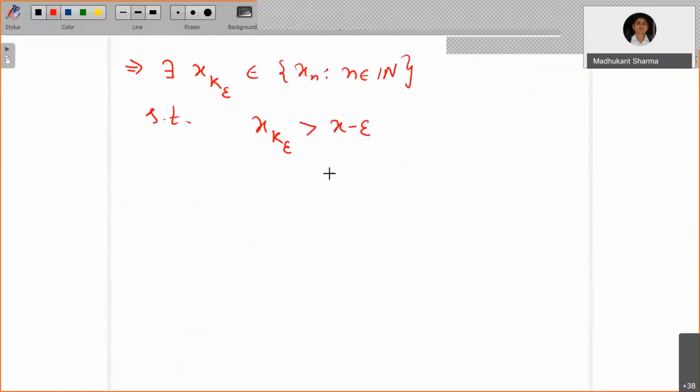Means X minus epsilon is less than xk(epsilon). Now, since the sequence is monotonically increasing, this implies xn is greater than X minus epsilon for all n greater than or equal to k(epsilon). Can I say this?